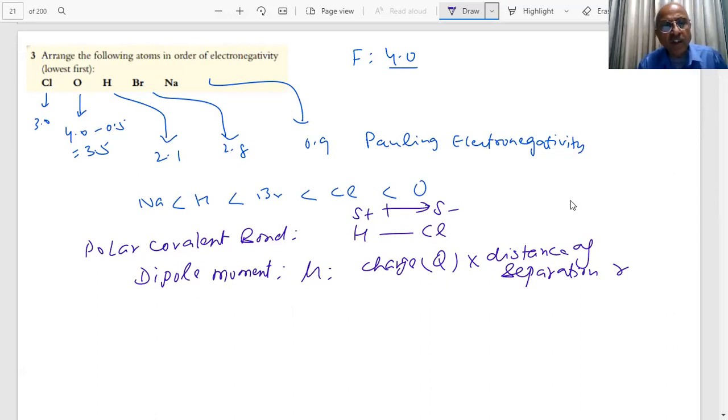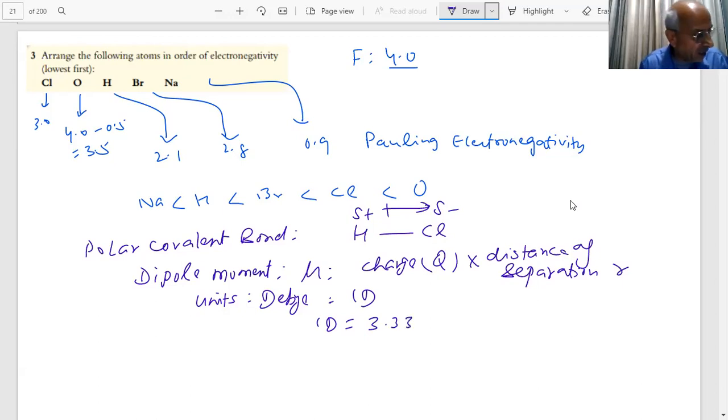The unit used for this is called D. D means debye. Debye is the unit of the dipole moment, represented as D, and 1 D is equal to 3.33564 into 10 minus 30 coulomb meter. You can check this value in the book, student.